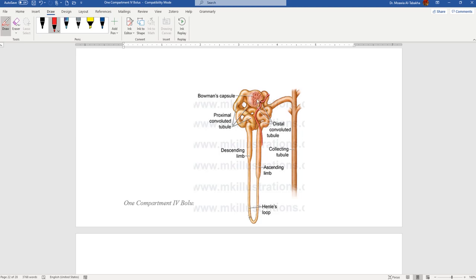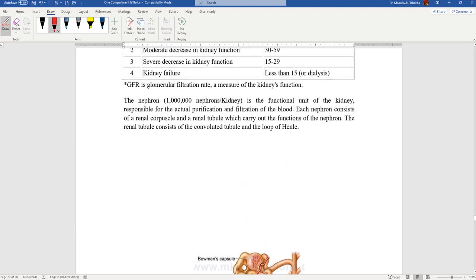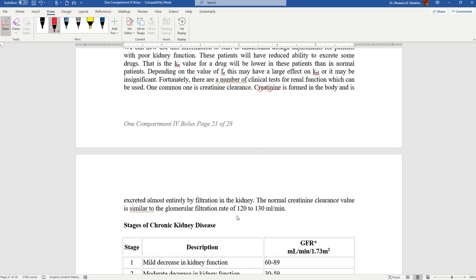Now for the filtration, Bowman's filtration, glomerular filtration rate, the normal glomerular filtration rate is 120 to 130. This is the normal filtration rate, 120 to 130 ml per minute.